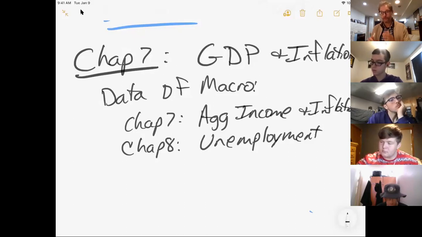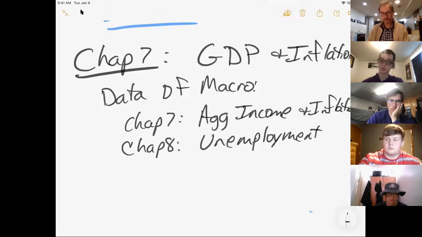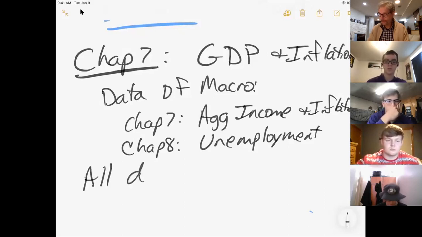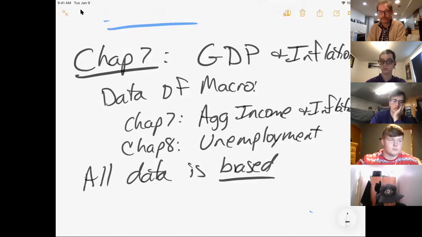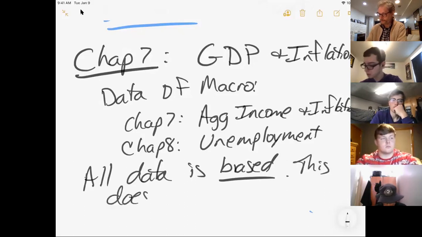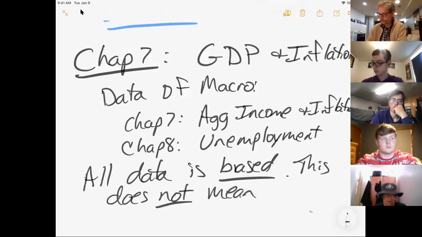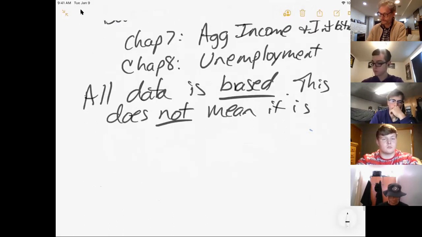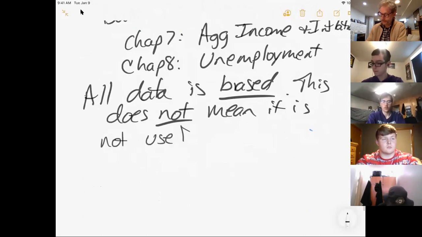Very importantly, one of the things we're going to talk about in the next couple of chapters is that all data is biased. There is no such thing as perfect data that tells you everything you need to know. Now, to say that data is biased does not mean that it's not useful, but you have to understand its limits.